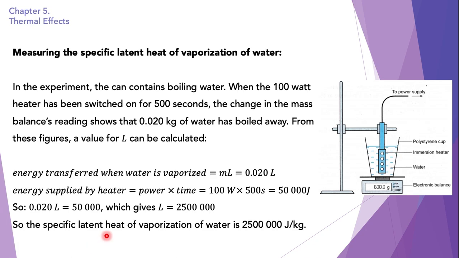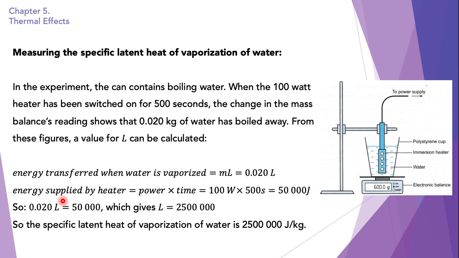Simple, right? We just rearrange the equation again. What would we do here to get the latent heat of vaporization? We would divide 50,000 by 0.020 and we will get 2,500,000. So the specific latent heat of vaporization of water is 2,500,000 joules per kg.